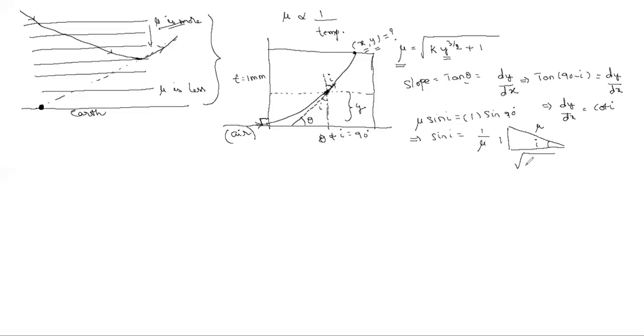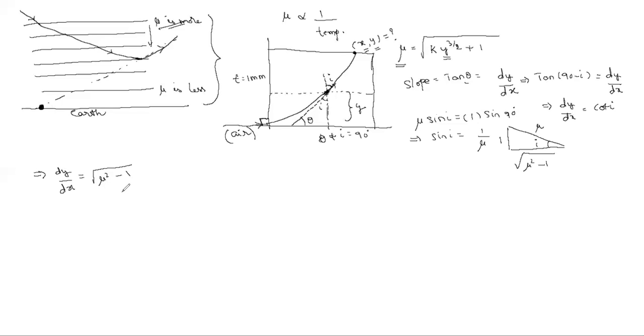Square root of mu square minus 1. This is very easy now. So dy by dx, cot I, means adjacent by opposite, which is root of mu square minus 1 by 1.